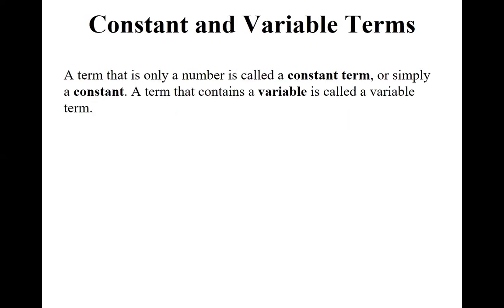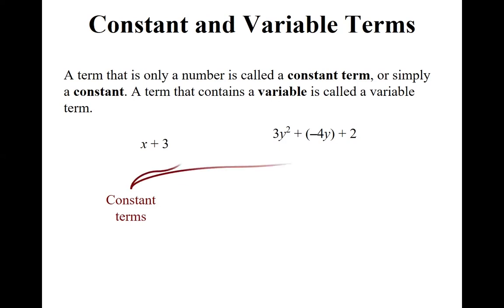A term that is only a number is called a constant term, or simply a constant. A term that contains a variable is called a variable term. So in x plus 3, the constant term would be 3. In 3y squared plus negative 4y plus 2, the constant term would be 2.